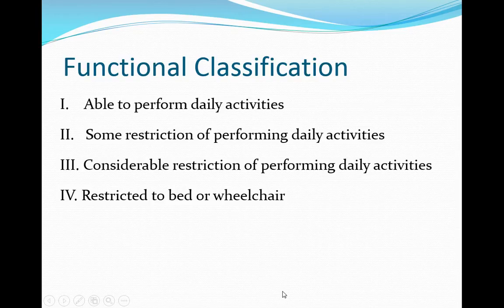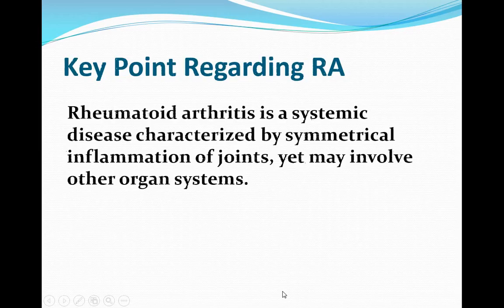I'll get some benefit, but primarily pain relief, so what am I going to change? So we're going to have a conversation with the patient to see what kind of goals we're going to set for him or her. Our main thing is, it's symmetrical inflammation in the joints, but it can involve other organ systems.